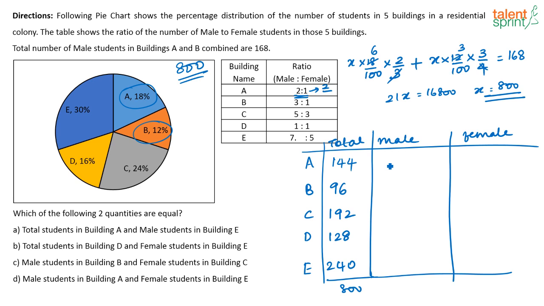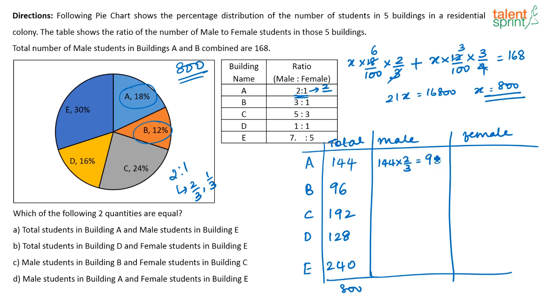So here, how many male members are there? Did we find that out? No. See, there are 144 people. Out of this 144 people, how many male members are there? Male is to female is in the ratio 2:1, so 2/3 are male and 1/3 are female. 144 into 2 by 3 is nothing but 96.